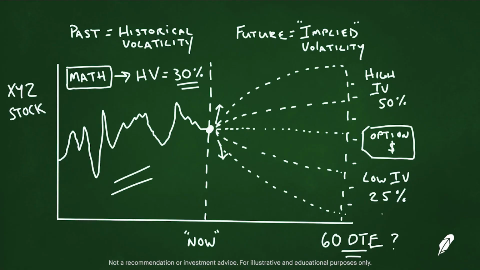And so we're trying to guess where might the stock land 60 days from now. And if it's a tight, narrow range, we would consider that potentially low implied volatility. If we think the stock's going to do something crazy over the next 60 days, the options might reflect that best estimate. And of course, there's a lot of reasons why stocks move, and options traders are always trying to price in those potential outcomes.